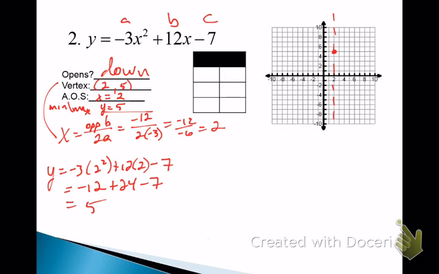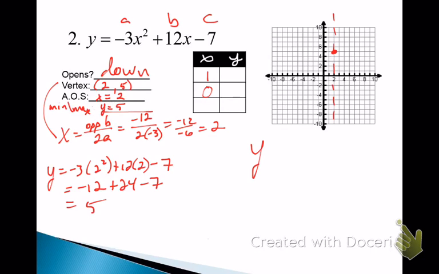Okay? All right. Now, T-chart this bad boy. Find two more points to put on here. Well, since the vertex is at 2 comma 5, I'm going to choose two x's to the left, because that lets me choose 1, and it lets me choose 0, and I like choosing 0. The math gets really easy.